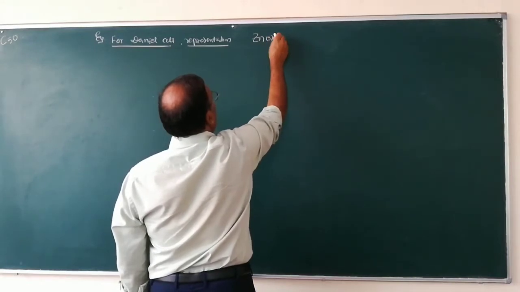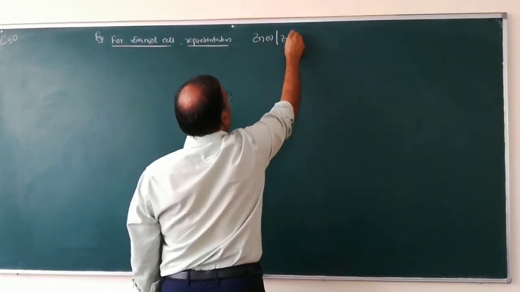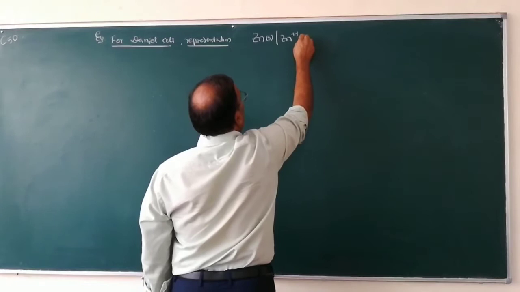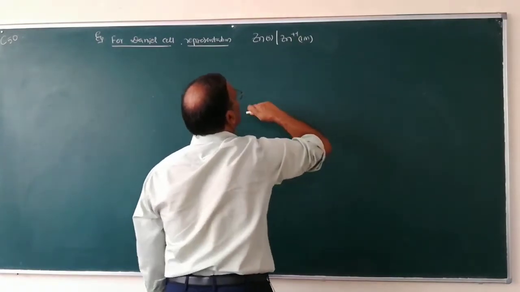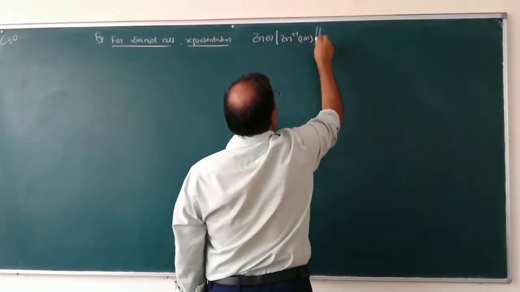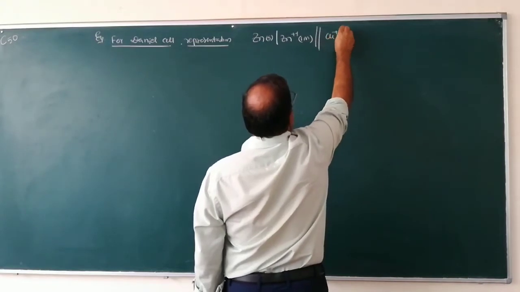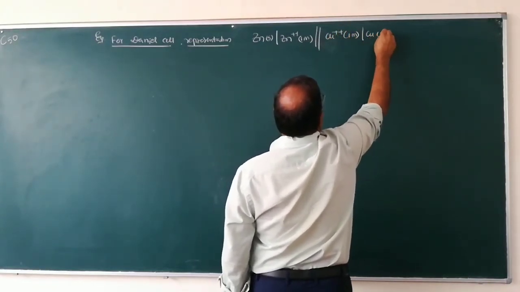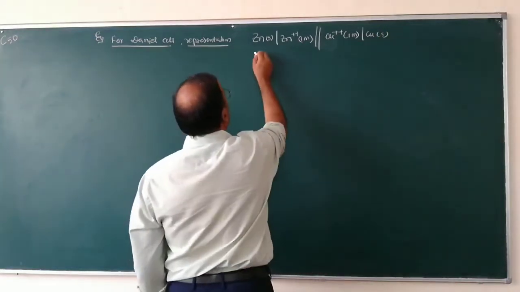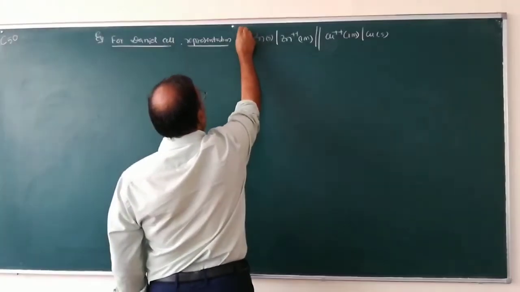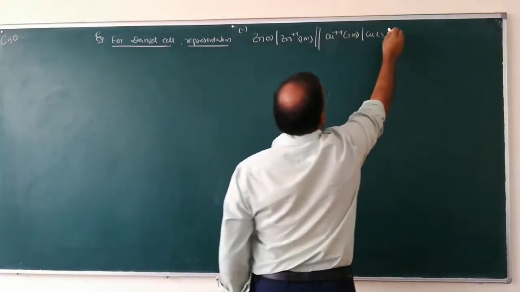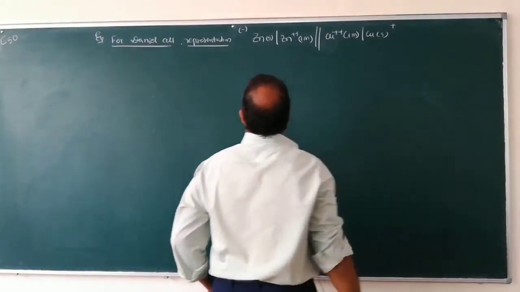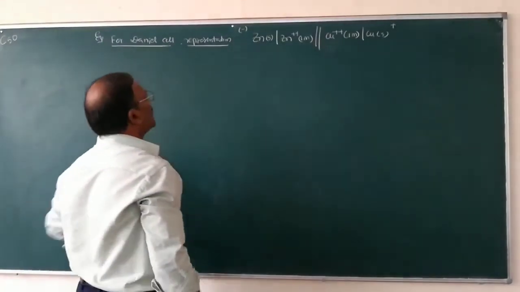Zn(s) | Zn2+ (1 molar) || Cu2+ (1 molar) | Cu(s). So here this one is the anode and this one is the cathode. So this is the representation of the Daniell cell.